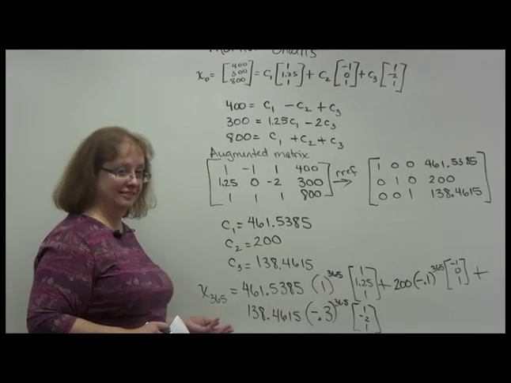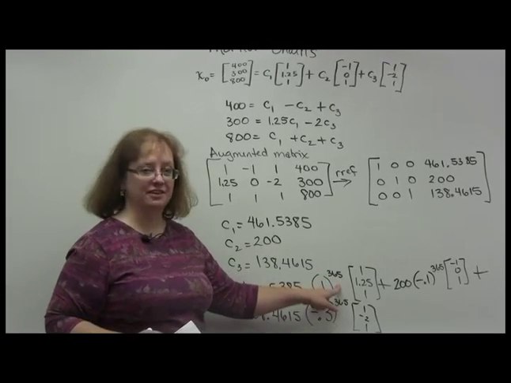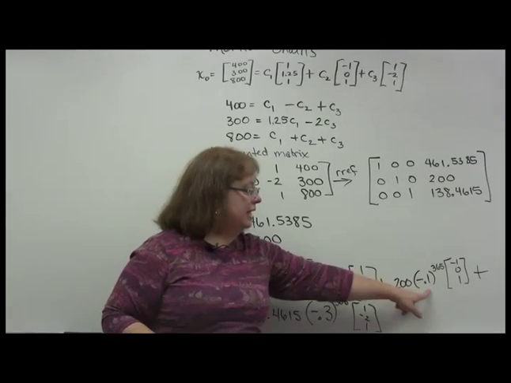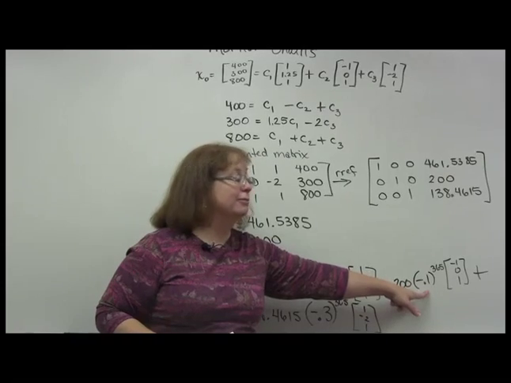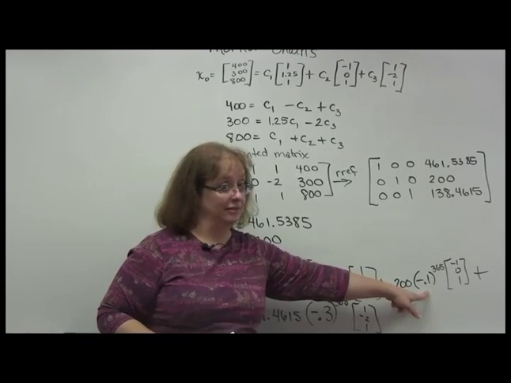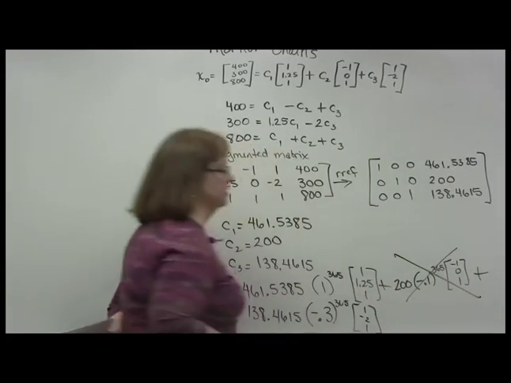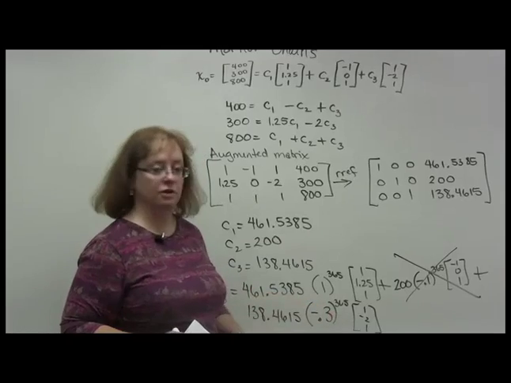Ready for the magic? All right, let's see. What's 1 to the 365th? Not very hard, right? Just 1. What about negative 0.1, though, to the 365th? Pretty much nothing, right? So this guy doesn't contribute enough to be mentioned. What about negative 0.3 to the 365th?